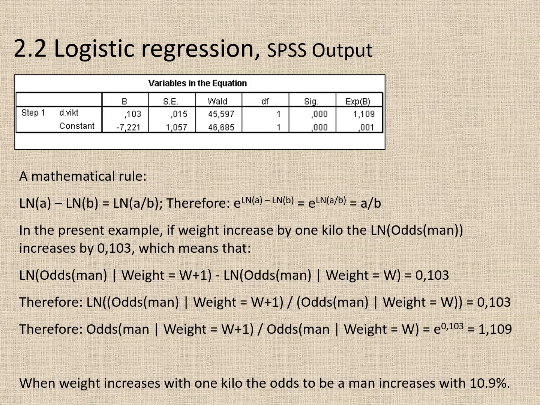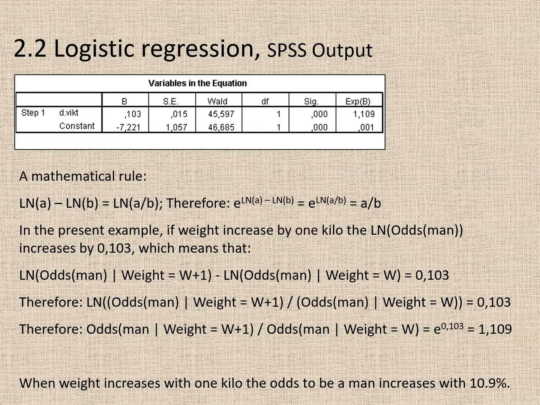And because we have this relation, the natural logarithm of the ratio of those two persons' odds of being a man is the same thing according to this rule here.